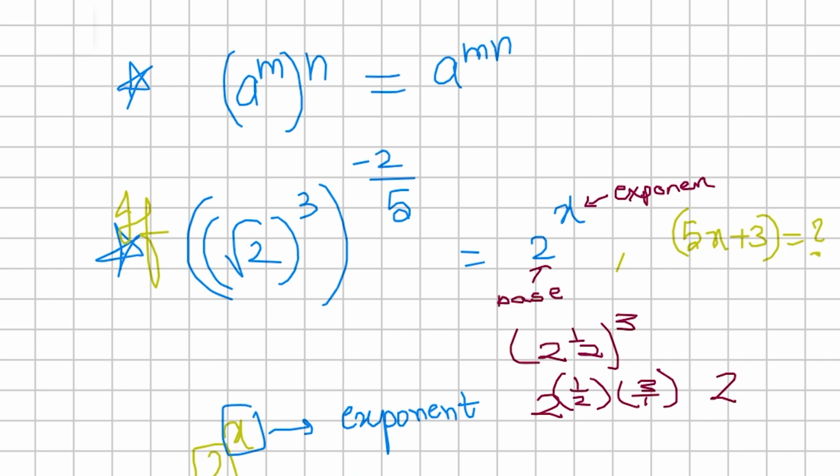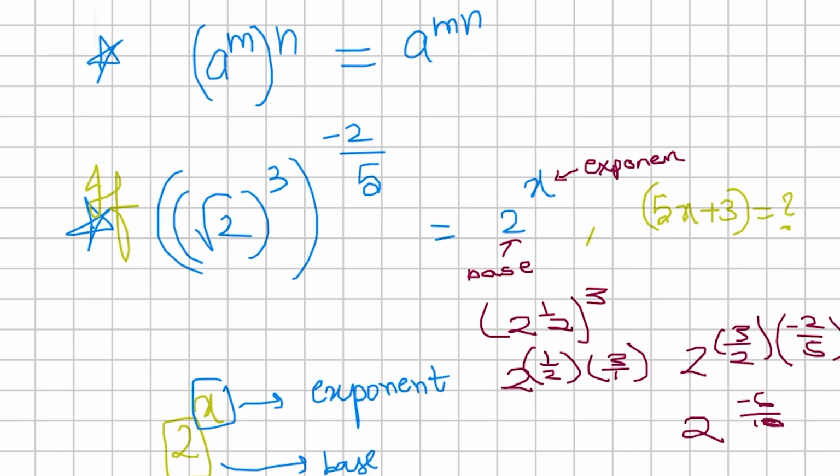To the power of 3 over 2, to the power of, times negative 2 over 5. So that's 2 to the power of negative 6 over 10, right?